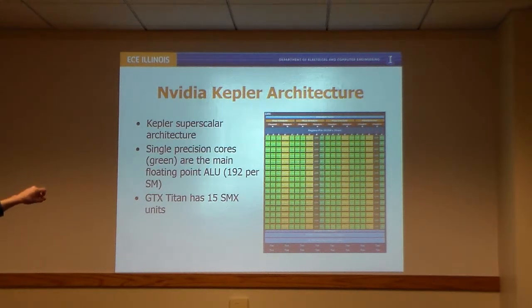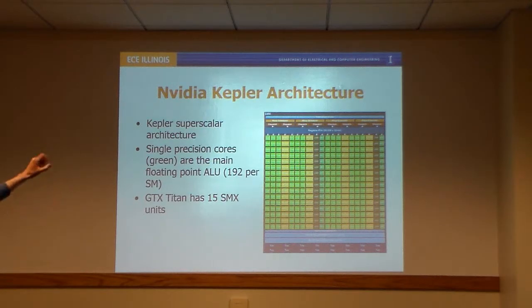The highest end GPU, the GTX Titan right now, has 15 of these cores. Each of these is kind of like a core in your i7 or whatever. There are 15 of them on the highest end device. And this is a superscalar device. You can tell there are multiple dispatch units and schedulers on top.